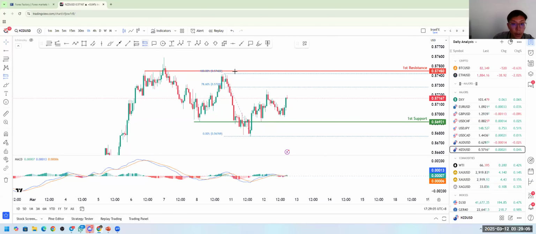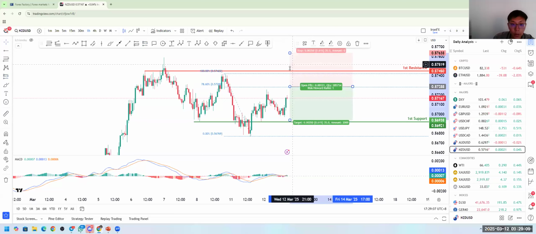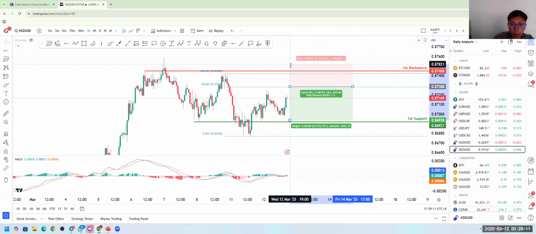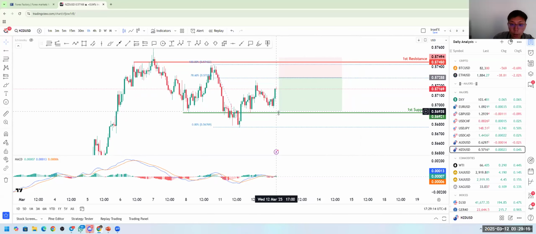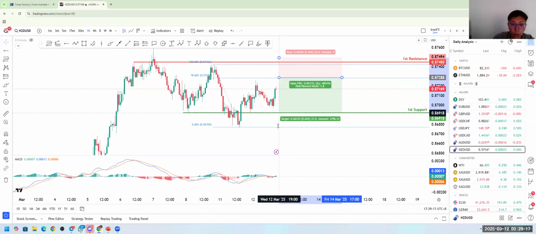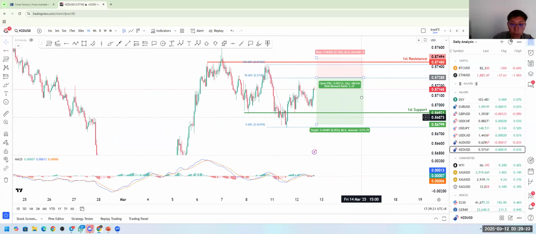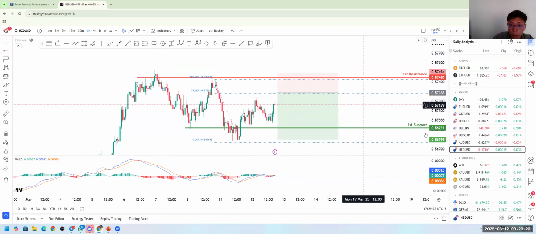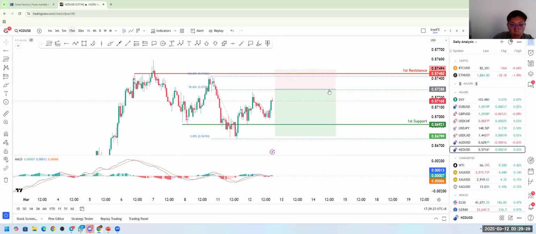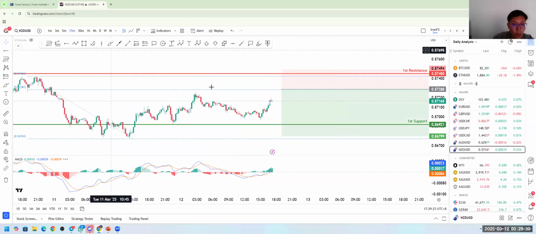So ideally what I'm looking at is right here. Stop loss placed above this high, 20 pips. Then your TP is roughly here, or you can target lower for a 1:2.39 risk to reward ratio. So far, I think NZD USD, let's see how it reacts to this level.